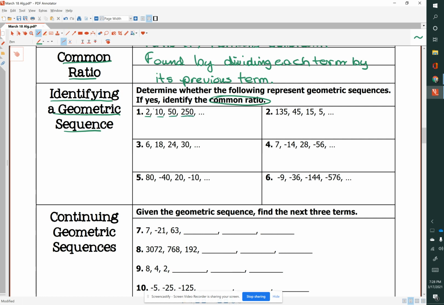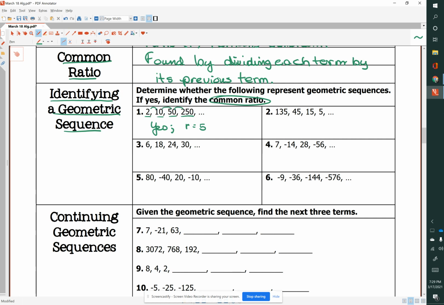What do we do to get from 2 to 10? We multiply by 5. 10 to 50, we multiply by 5. 50 to 250, we multiply by 5. So yes, this is a geometric sequence, and the common ratio, or R, is 5.